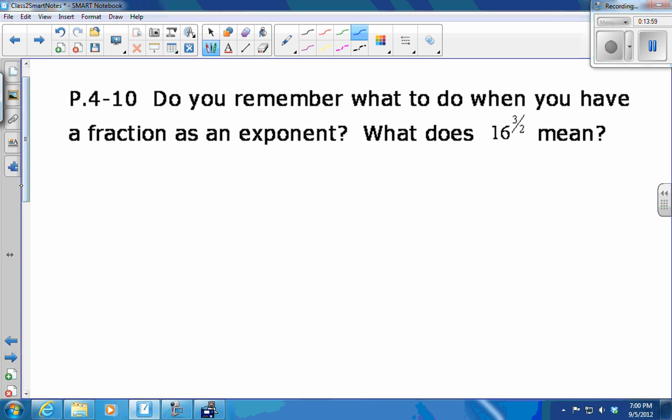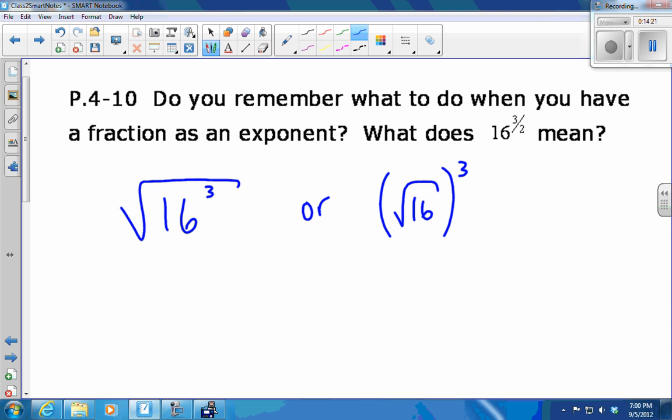All right. Do you remember what it means to have a fraction as an exponent, like 16 to the 3/2? Yeah, awesome. This is the square root of 16 cubed, or the square root of 16 all cubed. Doesn't matter where you put the exponent. Could go under the radical or outside the radical. They'll come out the same.